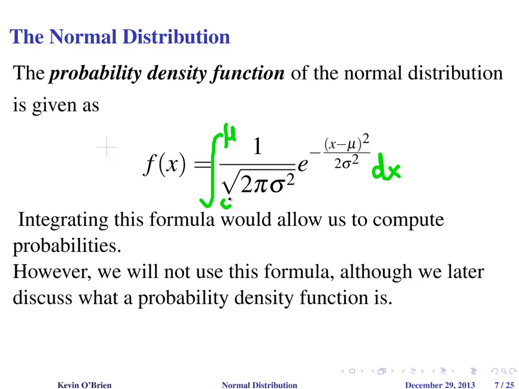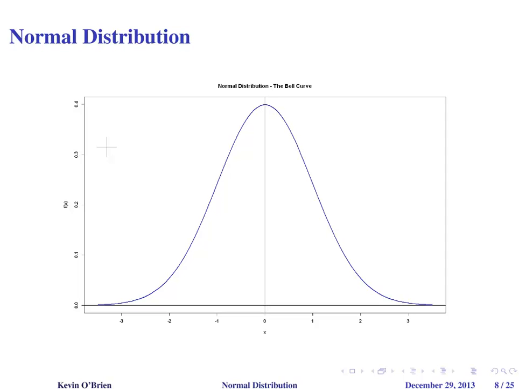So you don't actually use this formula at all, but it is important to know what a probability density function is. You might see it in a lot of your statistical tables. Essentially, what that equation does is, if you put in x equals -1, it would tell you the height of the curve at a particular point.